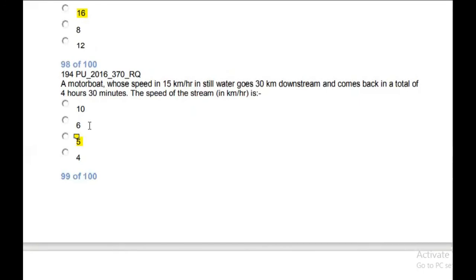If the stream is not moving, in still water, the speed would be 15 km per hour. But here the stream is moving, and the boat goes 30 kilometers downstream and comes back opposite to the stream, also 30 kilometers in length. So the total time taken is 4 hours 30 minutes.